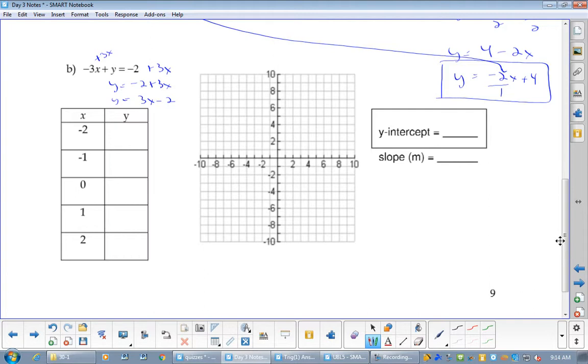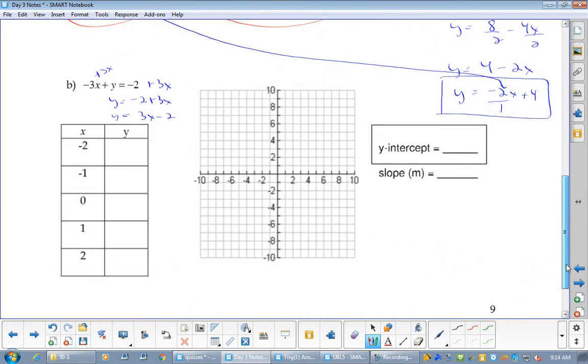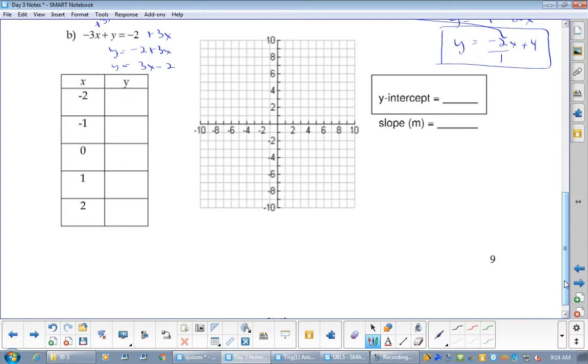Okay, what's the y-intercept? Did we write that up here? Yeah, we did. Okay, what's the y-intercept? Negative 2. What is the slope? Okay, or better, 3 over 1. So y-intercept is negative 2.